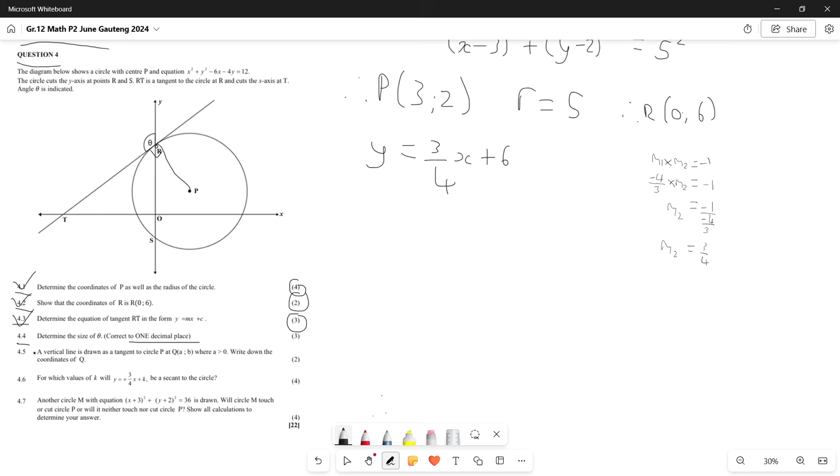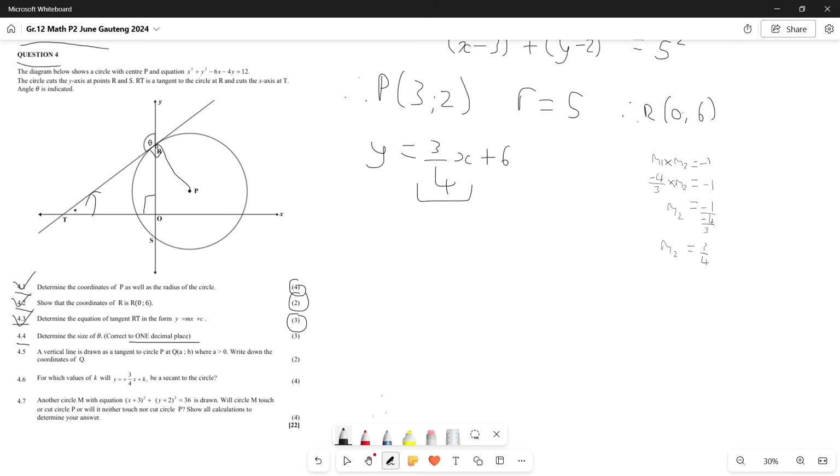So the easiest way to get theta over here is to use the information that we calculated in 4.3, because they usually make us calculate a question to use that answer in the next question and so forth. In order to get theta over here, we can do exterior angle of a triangle, because here we have a 90. Here we can calculate this angle of inclination because we just calculated the gradient for this tangent TR.